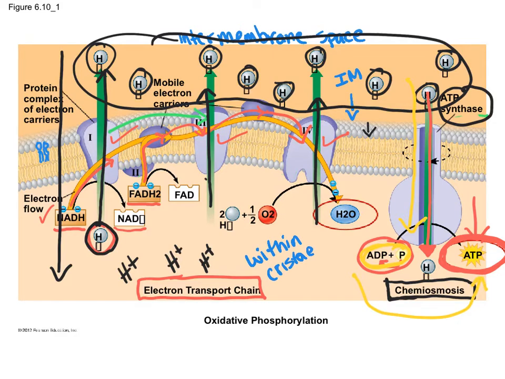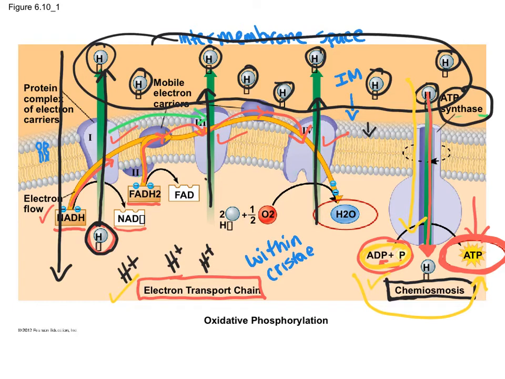Okay, I know this got a little bit messy, but go through this process. Watch this part of the video a couple of times. Pause the video without my drawings on it. Go to the PowerPoint and look at the blank slide. See if you can go through the steps of oxidative phosphorylation. First, with the electron transport chain.